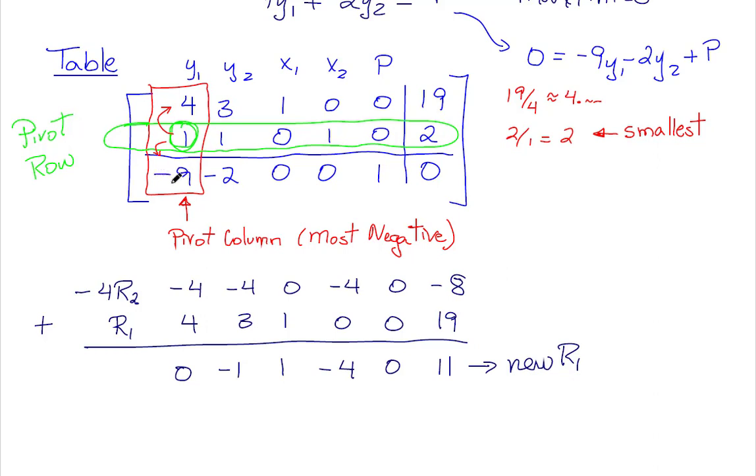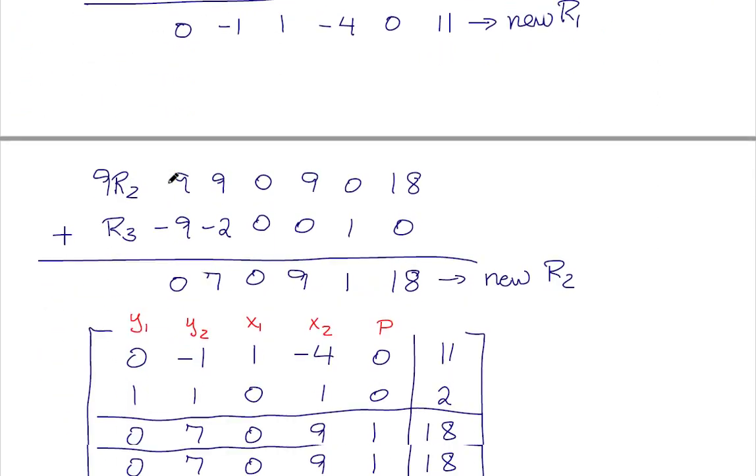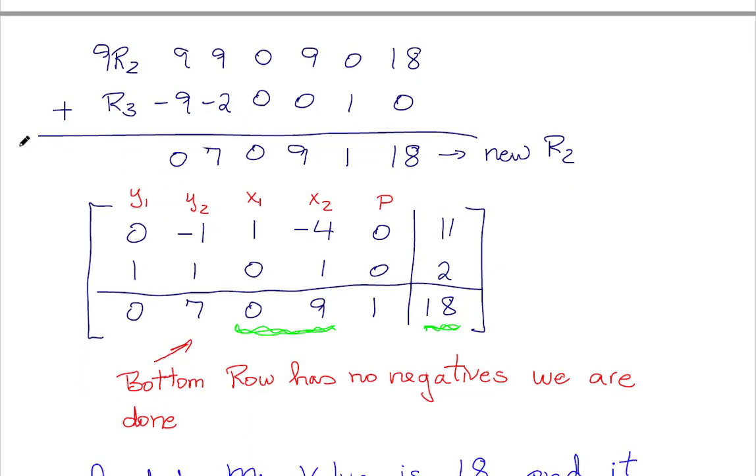What about the minus 9? Well, let's see, 9 times row 2, add it to row 3. Alright, so here's 9 times row 2 all the way across. Here's row 3, add them up. And now this is new row 3.